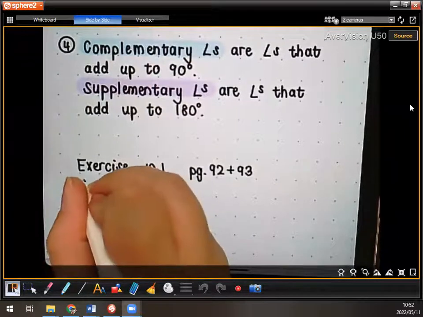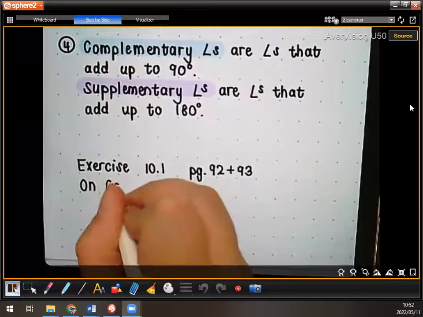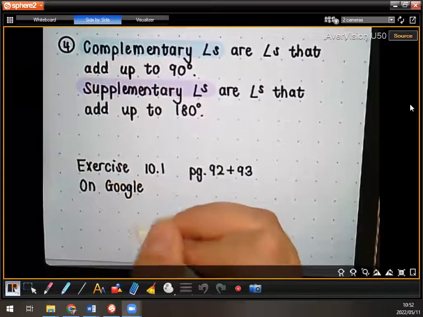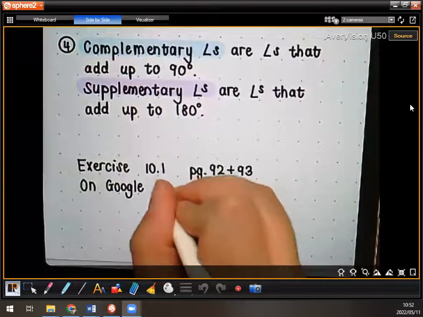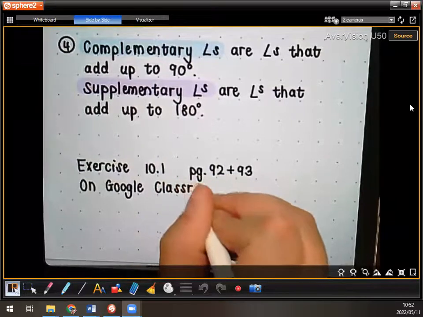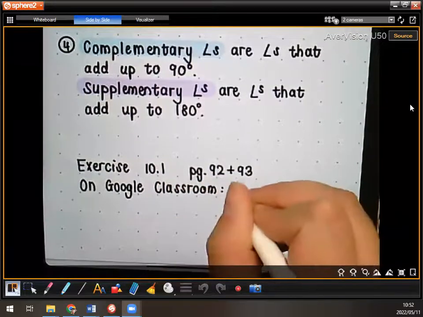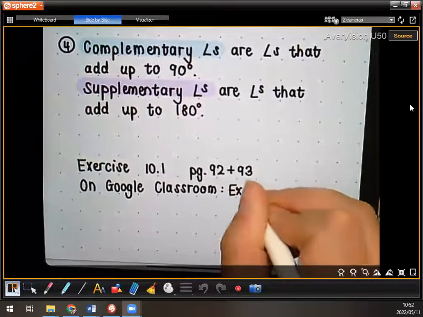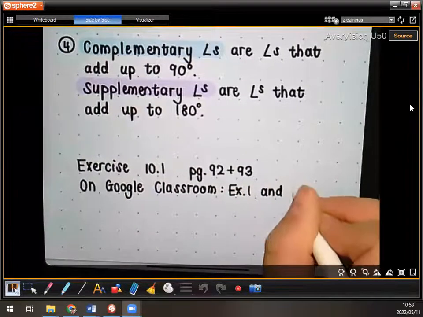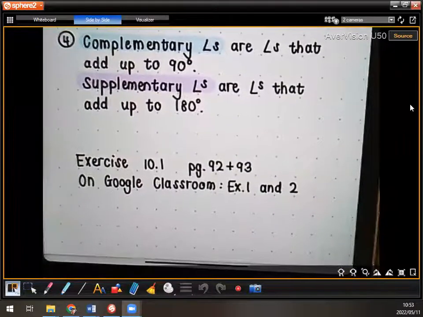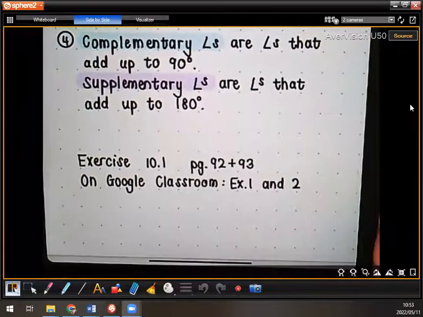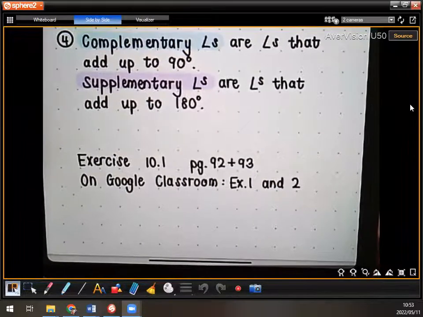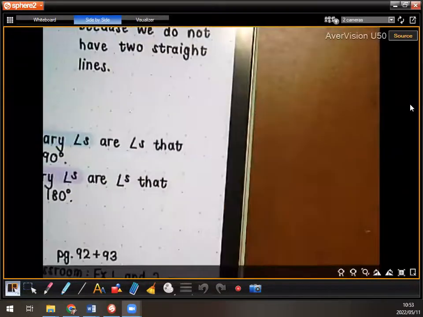And then on Google Classroom, there are 2 exercises that I'll show you now. Just write that down quickly so that I can put the Google Classroom exercises on the board for you.